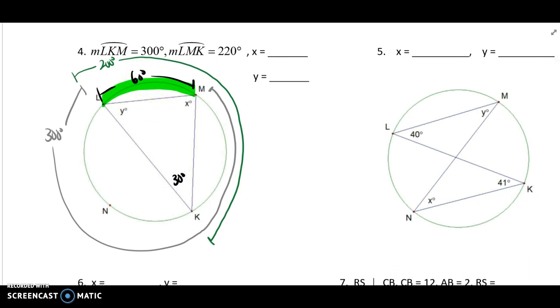Not one of the ones we're looking for, but that is going to help us. From L through M to K, this entire angle is 200 degrees. If this green angle is making up 60, then we could take 200 minus 60 to get to this arc angle is 140 degrees.